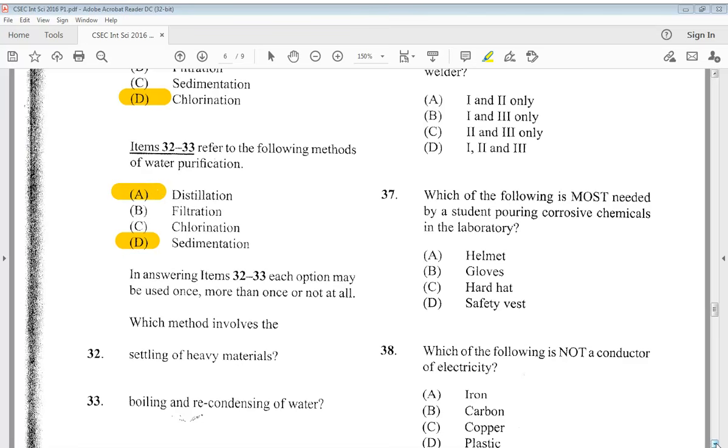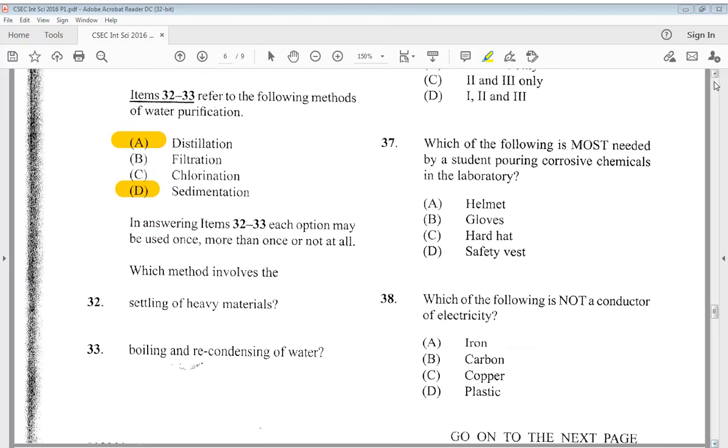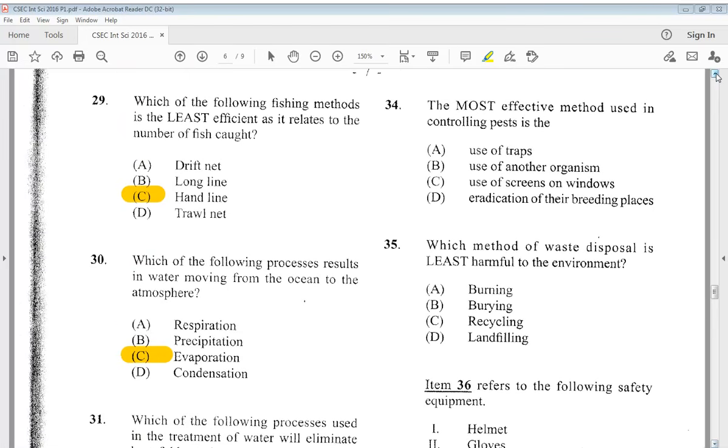Let's go on to number 34 now. It says the most effective method used in controlling pests is the A, use of traps, B, use of another organism, C, use of screens on windows, D, eradication of their breeding places.